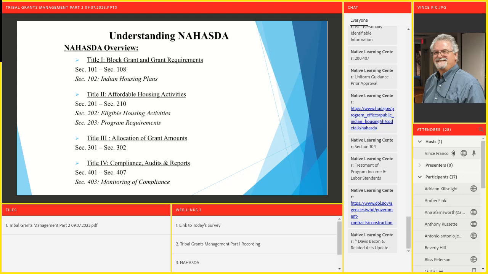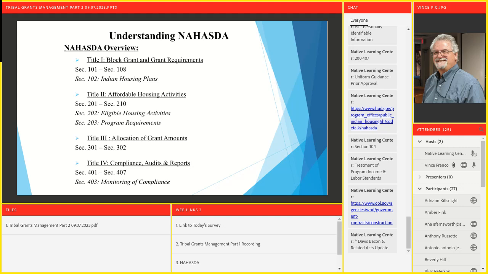It's worth the time and energy to understand. And I just pulled out two. You can see there's section 201 through 210. So there's other things in there, but those are the two most important: eligible Native American housing activities, and then program requirements, especially requirements.